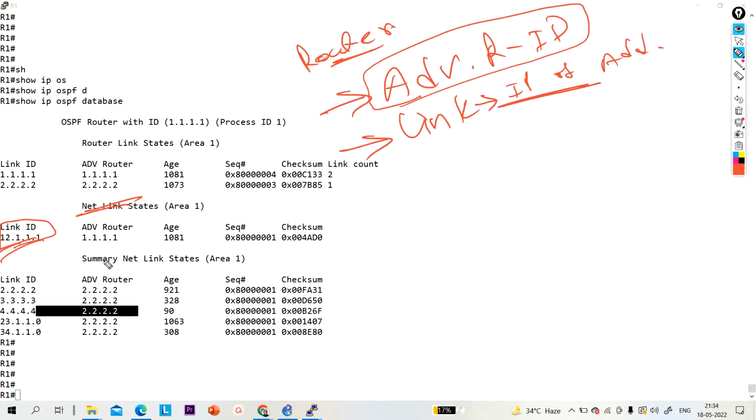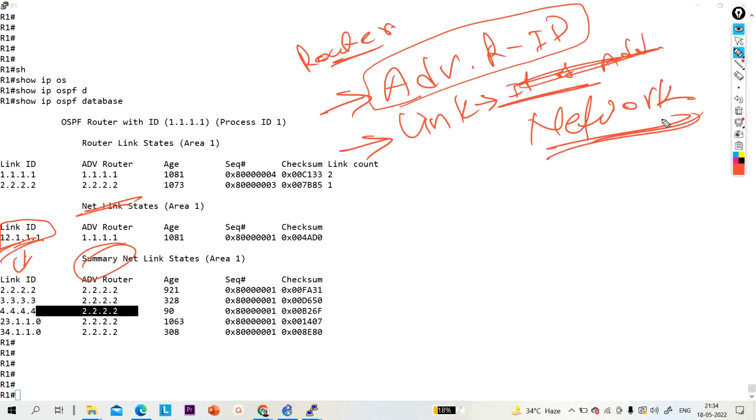But in summary LSA, you can see the advertising router ID is the advertising router, right? But in link ID, there will be information of the network of inter area.